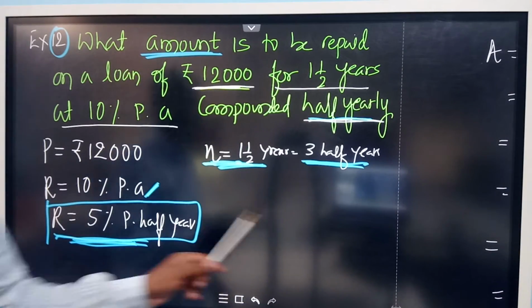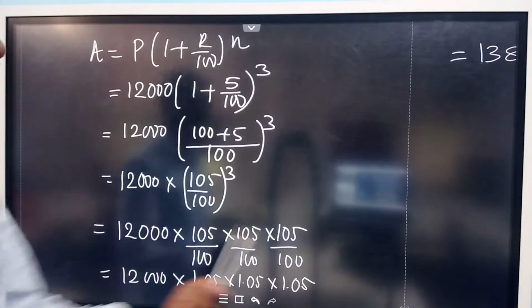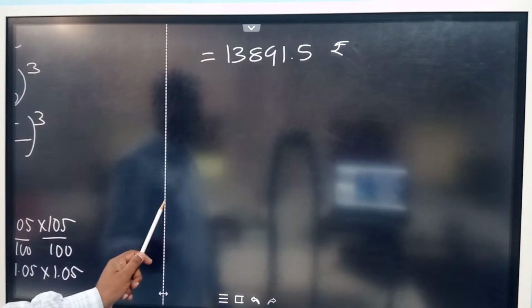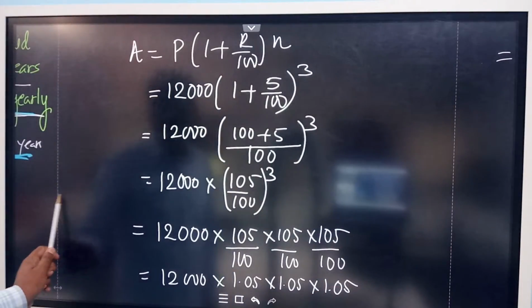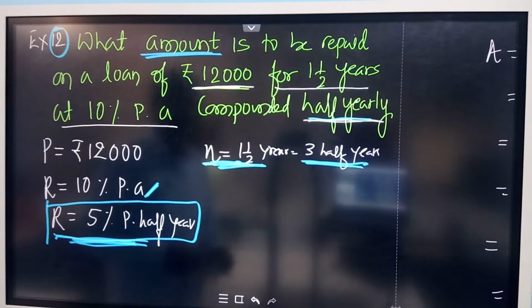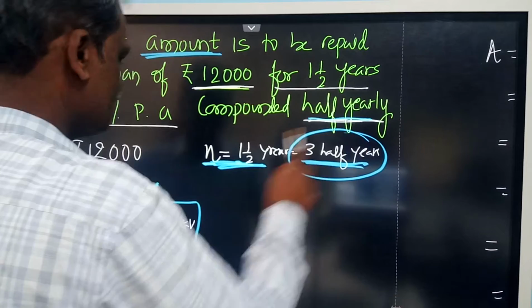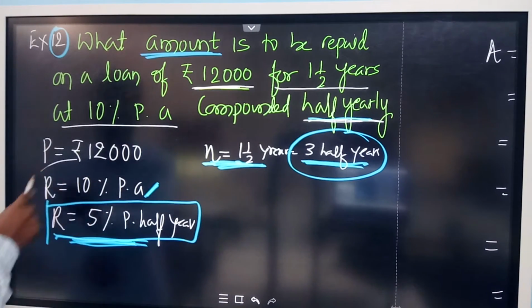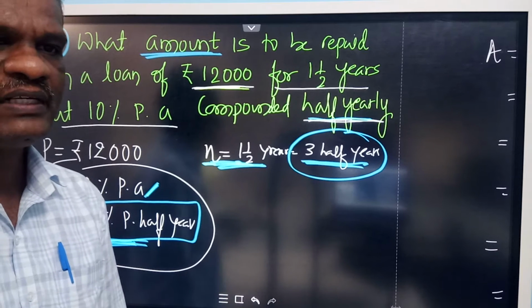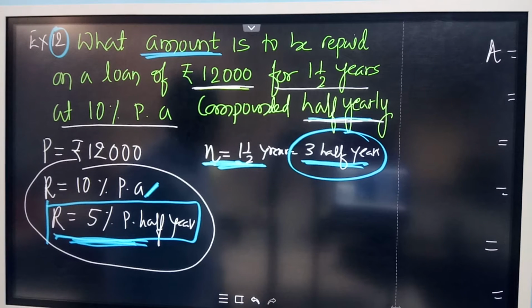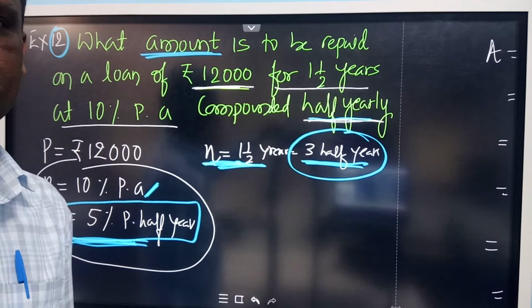He has to pay 13,891.5. Very important thing you should note down here: since it is a half yearly calculation, the rate of interest should be divided by 2. If it is a quarterly calculation, the rate of interest should be divided by 4.